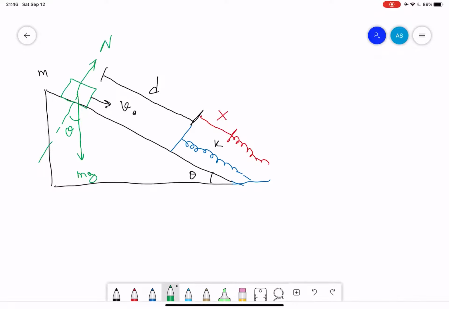If this is our x and this is our y, then one force will be mg cosine theta, and the other force will be mg sine theta. So we know that when the spring is compressed, our box will be standing just here.